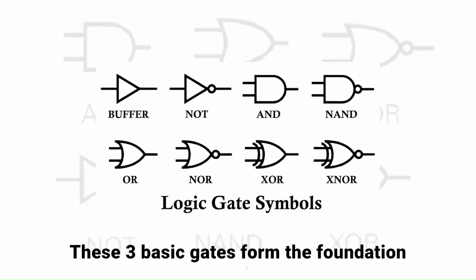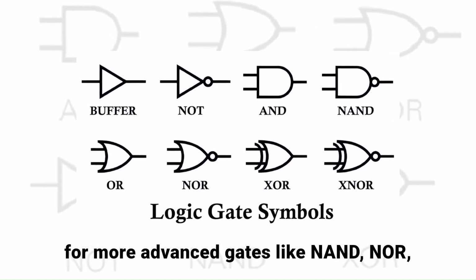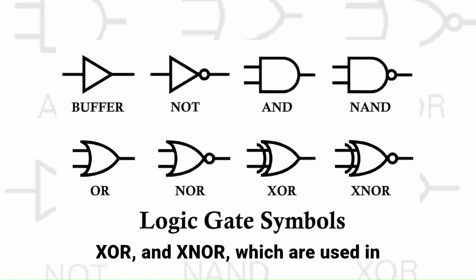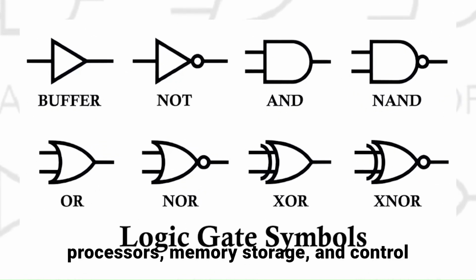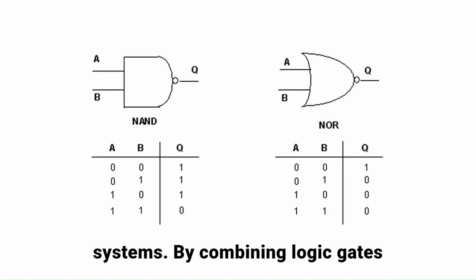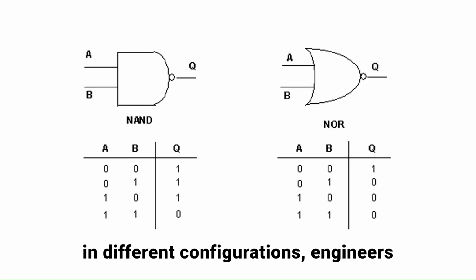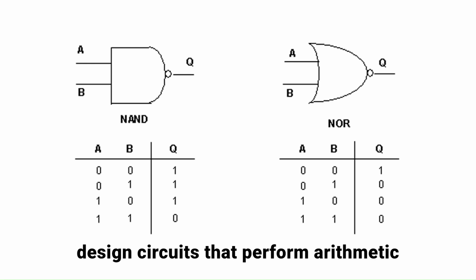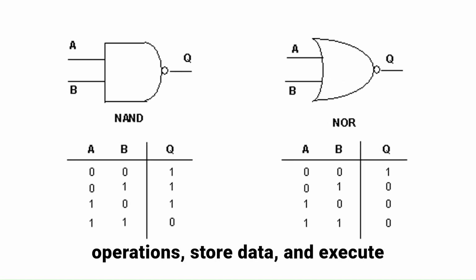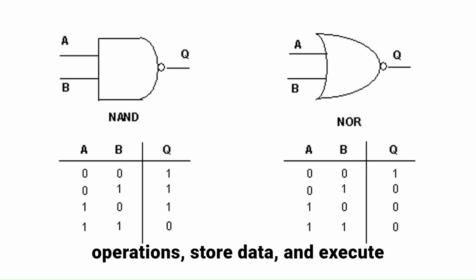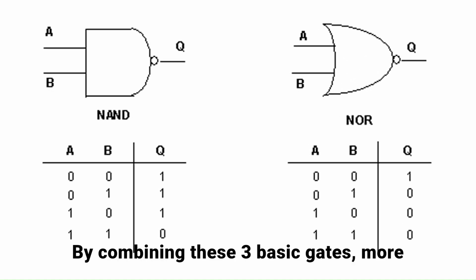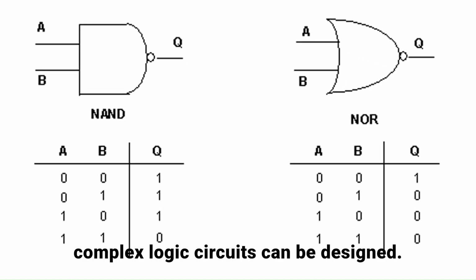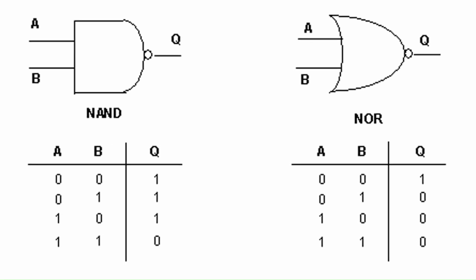These three basic gates form the foundation for more advanced gates like NAND, NOR, XOR, and XNOR, which are used in processors, memory storage, and control systems. By combining logic gates in different configurations, engineers design circuits that perform arithmetic operations, store data, and execute instructions in digital devices. By combining these three basic gates, more complex logic circuits can be designed.